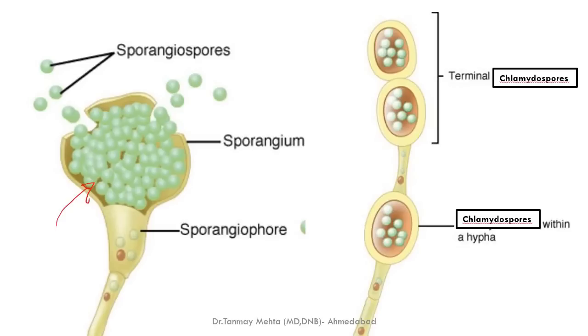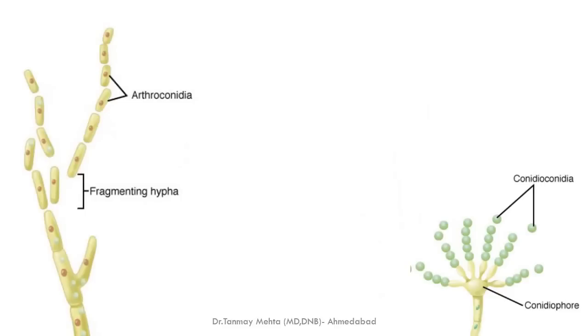For example, in Candida there are chlamydospores, which are thick-walled structures which store food for the fungus. Sometimes the fungal hyphae break themselves at the position of septa, and produce small rectangular spores which are known as arthroconidia.